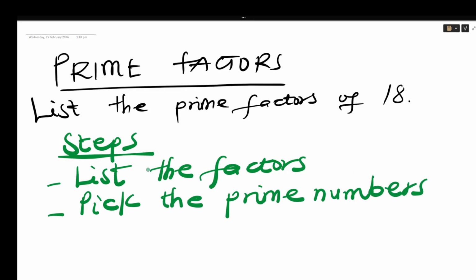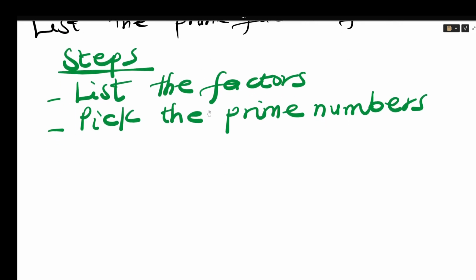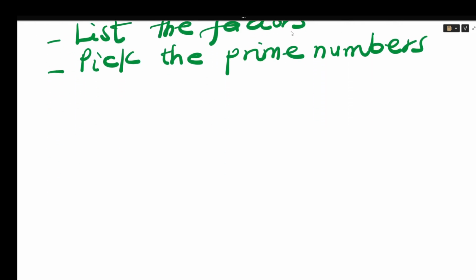So the first step is to list the factors, then you pick the prime numbers from the factors. We have a question on the board which says list the prime factors of 18.